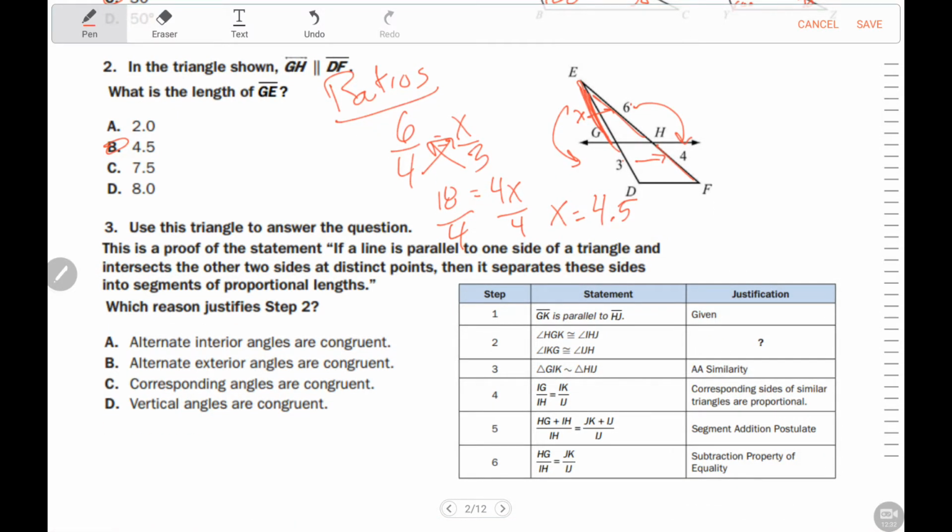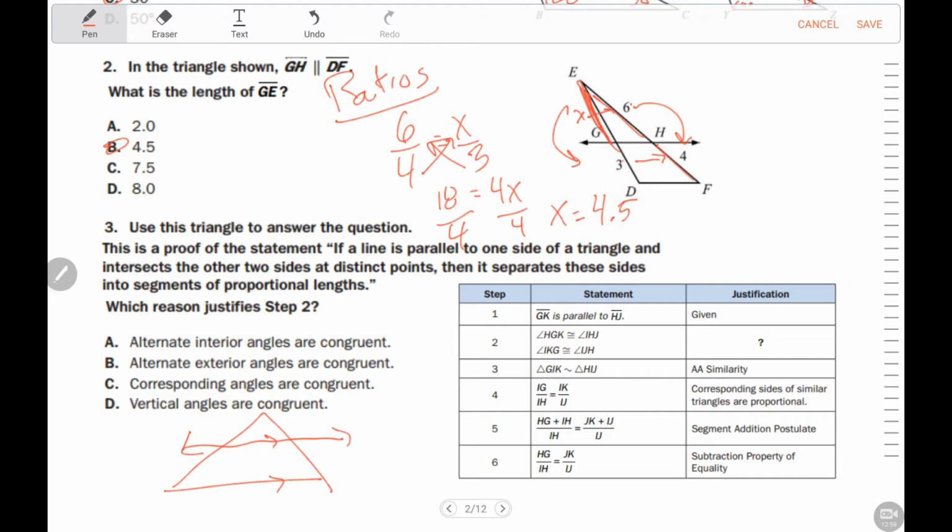Use this triangle to answer the question. The triangle is not drawn here. I think it looks something like this. It's like this is parallel to that. This is a proof of the statement: if a line is parallel to one side of a triangle and intersects the other two sides at distinct points, then it separates these sides into segments of proportional lengths.